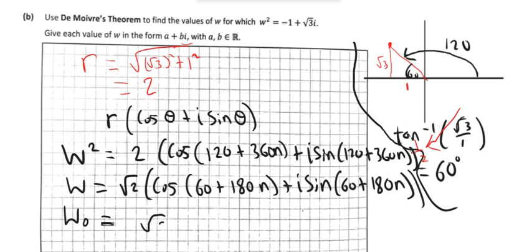You'll get root 2, and then you'll get a half plus root 3 over 2i, and that's just going to be equal to root 2 over 2 plus root 6 over 2i.